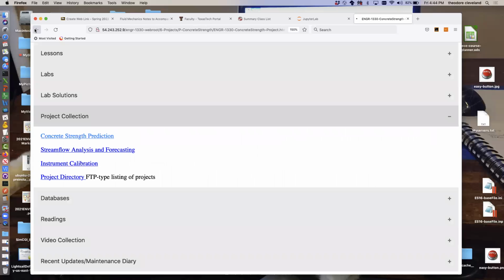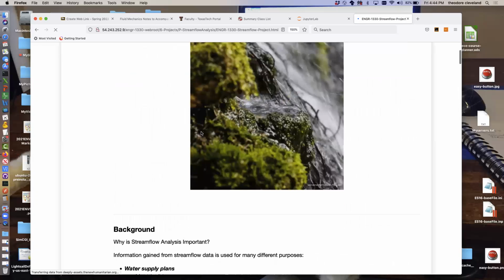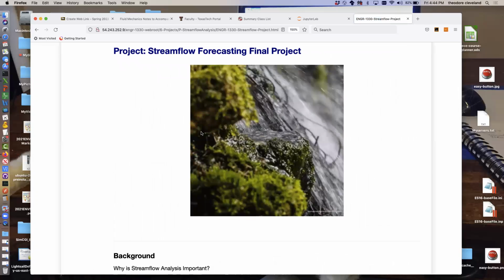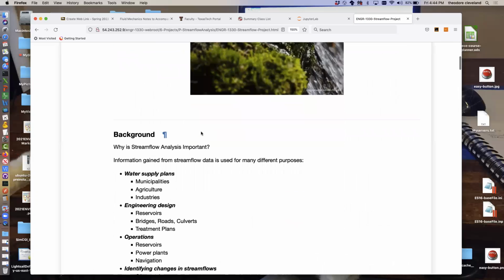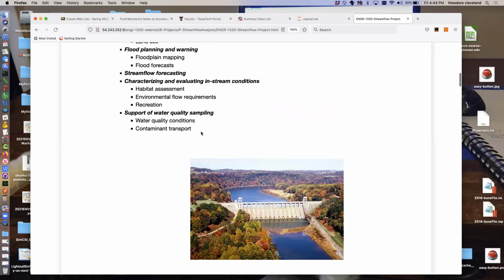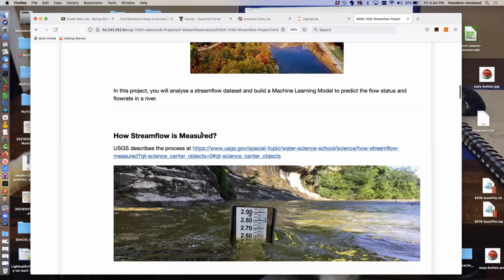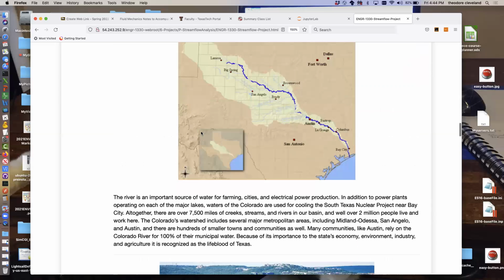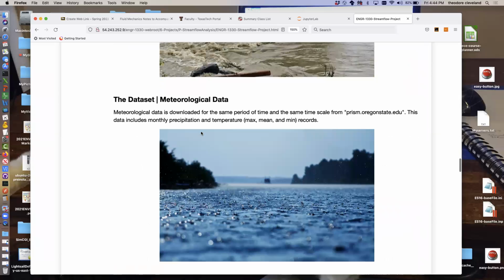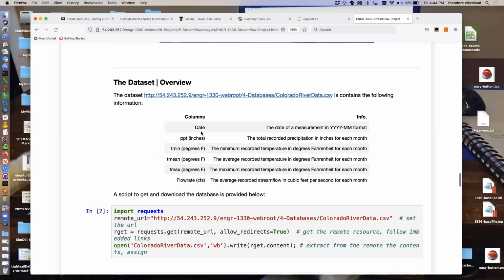We'll take a quick look at the other two. Next one is stream analysis. That one's cool because it has a moving picture, but it's very much a similar kind of problem. A little bit of background, cool pictures of dams and gauges, how stream flow is measured, the Colorado River in Texas, the data set, a meteorological data set.